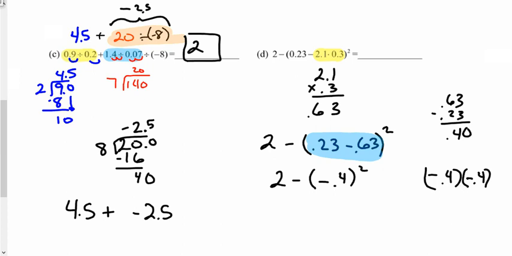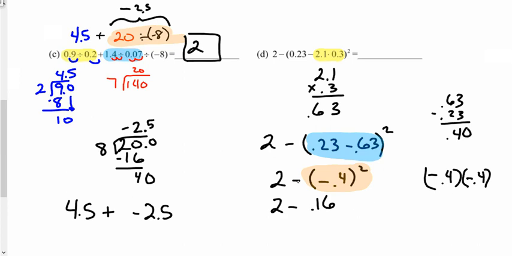So if I'm looking at this whole thing, it is going to become positive 0.16. 4 times 4 is 16. There's 2 decimals there.